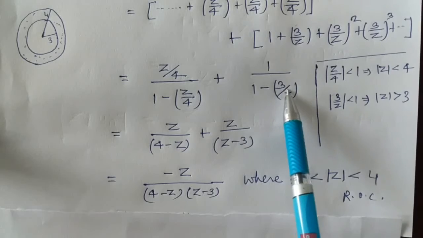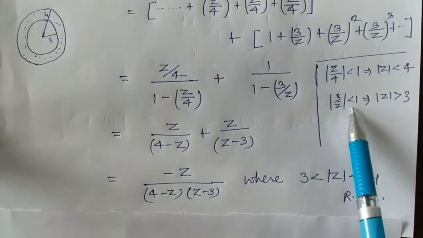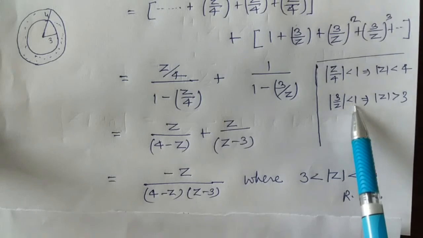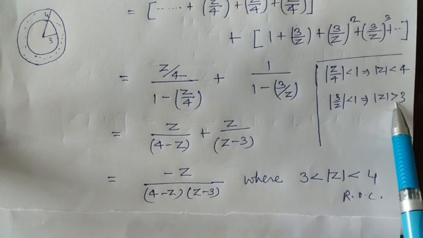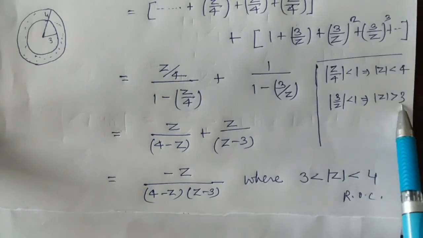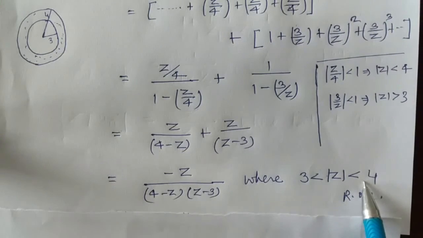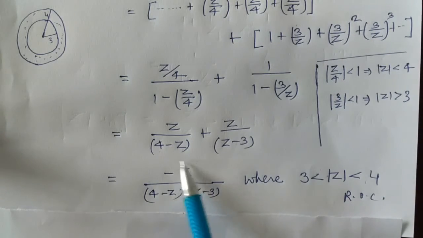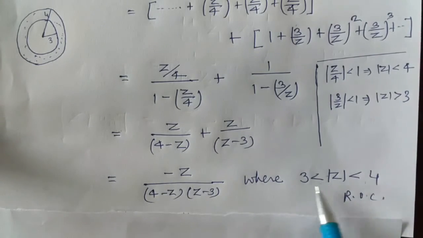So for convergence of this series, the modulus of 3/z should be less than 1, which implies mod z is greater than 3. So the region of convergence is 3 less than mod z less than 4. So the series is convergent between 3 and 4.